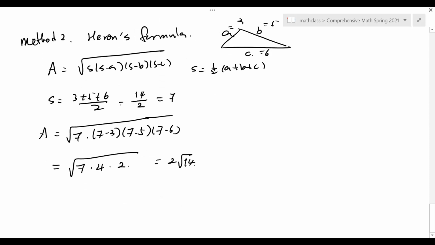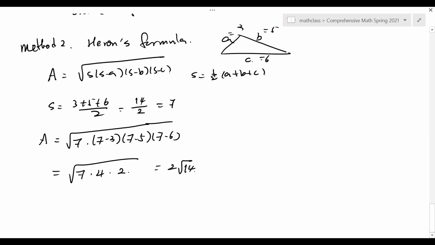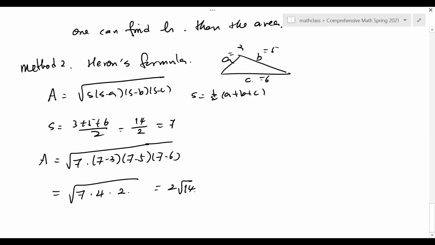Now, how do you get Heron's formula? Is there anybody who can prove it? If you can prove it, I hope you can take a picture and ask your parents to send me the picture of the proof of Heron's formula. Okay, you know why? When you study mathematics, right, you have to ask yourself, and nobody can tell you, what they're going to do next step.